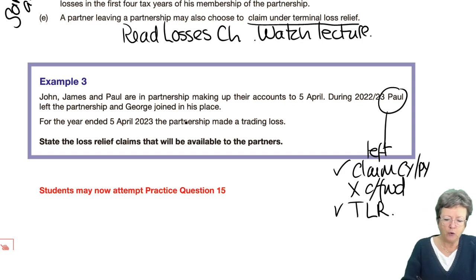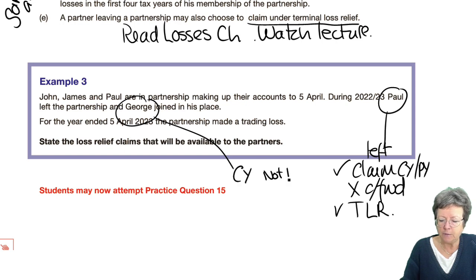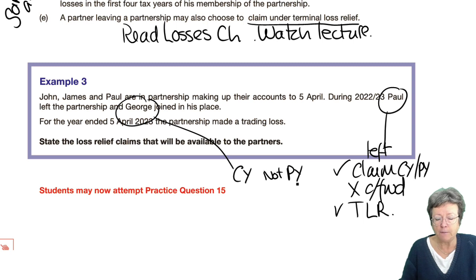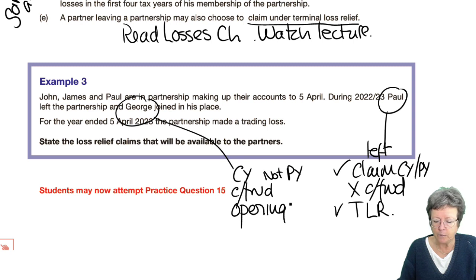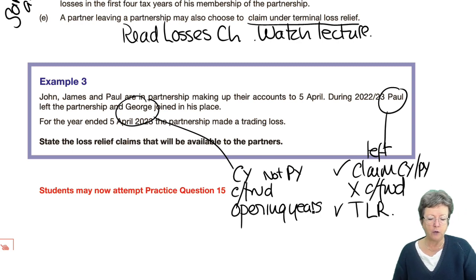Okay, George, he joined, so he can claim current year but not previous year, because obviously he wasn't in partnership then. He can claim carry forward if he wants, or he could claim the special opening years rules for loss relief, and carry that back 3 years on a FIFO basis to relieve and maybe get an income tax refund from income he had before he joined.